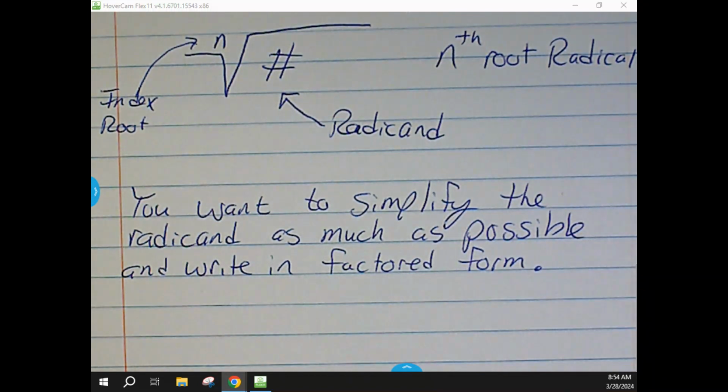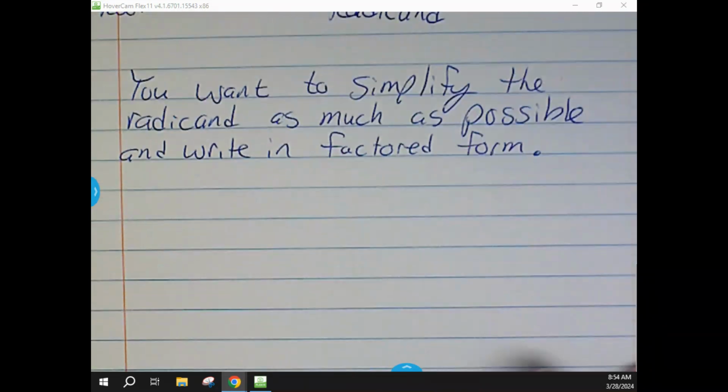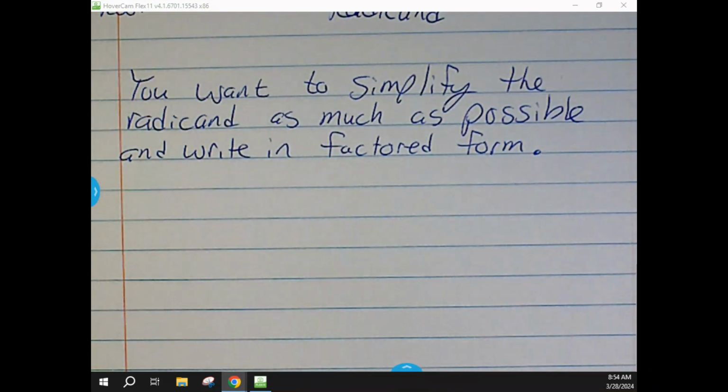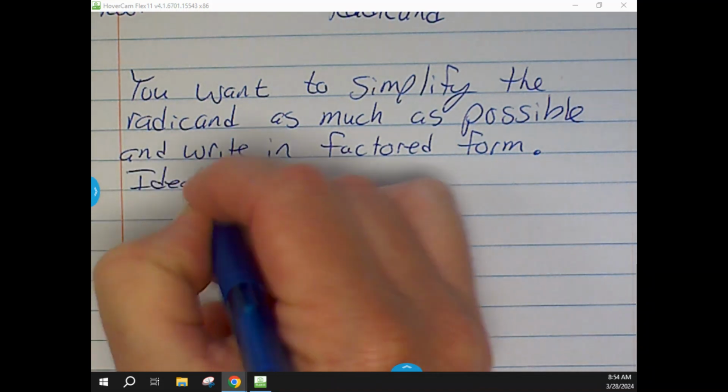Think flashbacks to Finding Nemo with the exit buddies. We're going to break it down and see how much we can take out of the radical, and then figure out how much is left over on the inside.